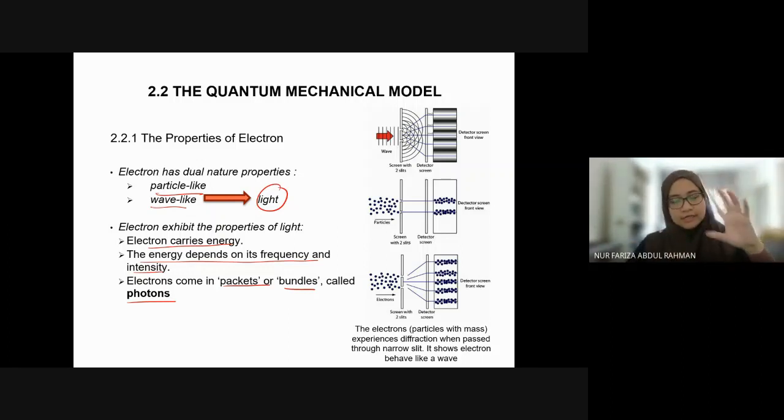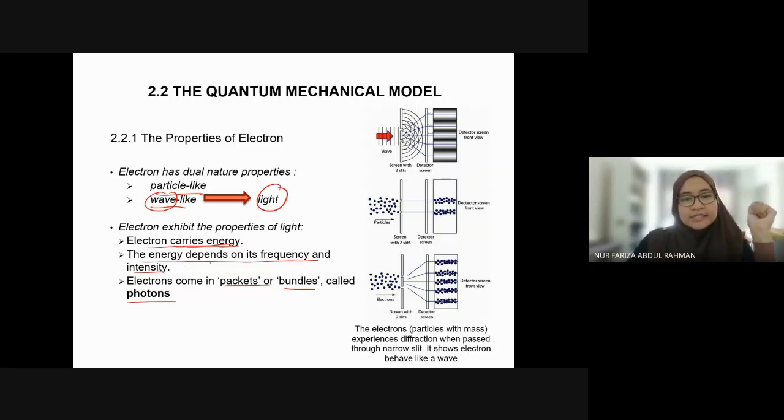Those are the characteristics of a particle. But it can also behave as a wave, because the electron carries energy. Because the electron is very tiny, it has the ability to carry energy.